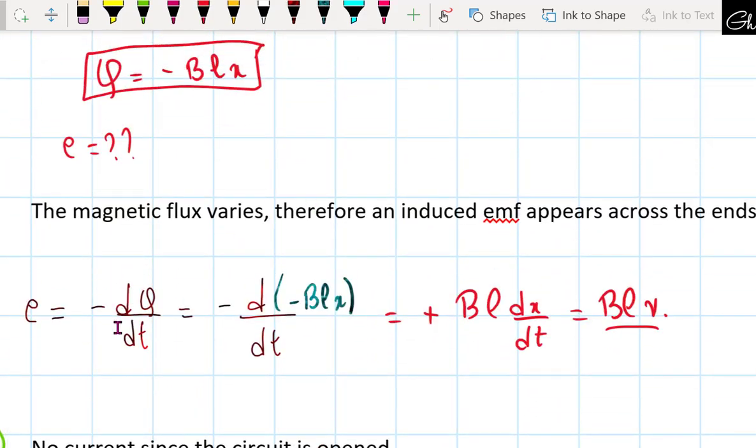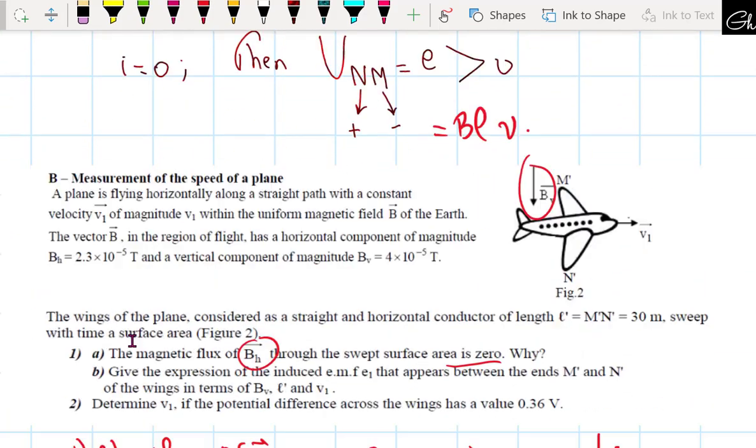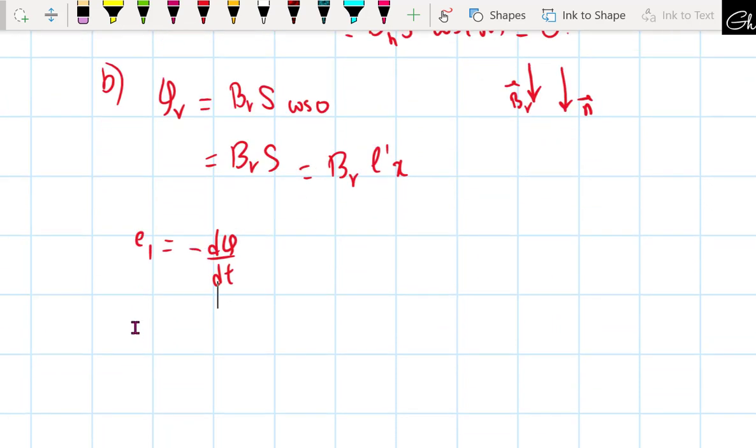I'm going to use the same formula, minus d flux by dt, so it's minus the flux of the vertical component. So it's going to be minus BV L prime. These are constants, and the derivative of x will be v, and especially v1. So it's minus BV times L prime times the velocity v1.